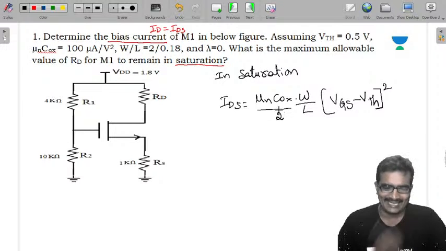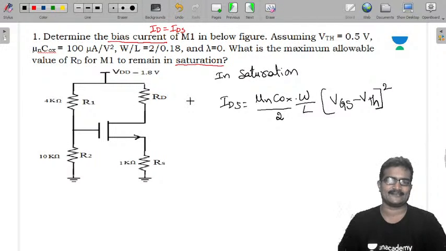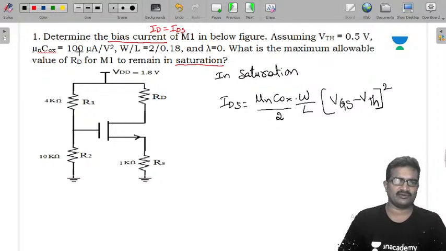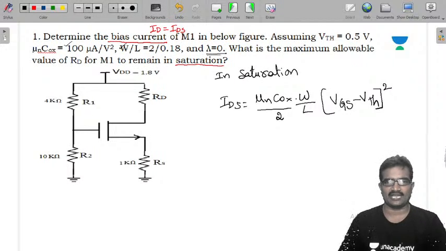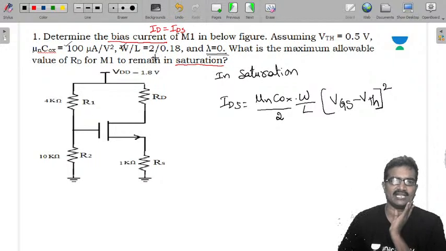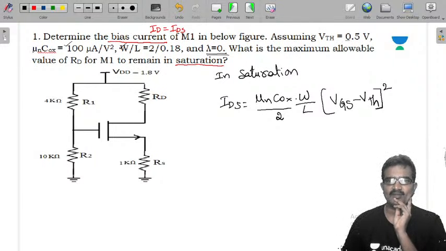This is the equation for IDS. They have given mu n COX as 100 microamps per volt square, and W by L they have given. At the same time lambda is 0. Lambda 0 means omit the channel length modulation. VTH also they have given as 0.5 volts.